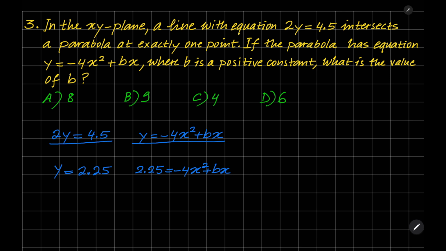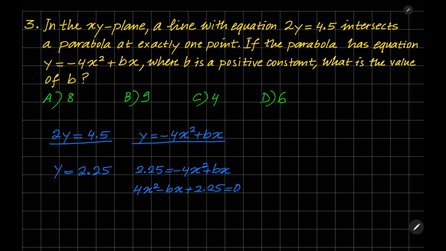Adding 4x squared and subtracting bx from both sides of this equation yields 4x squared minus bx plus 2.25 equal to 0.